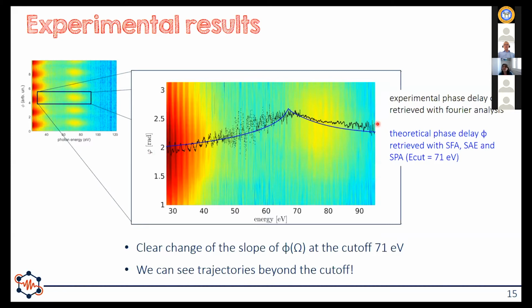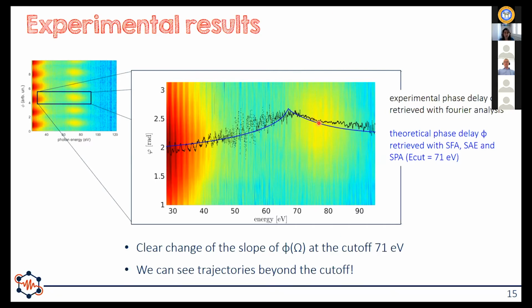And then the first thing that Davide did was to calculate the theoretical phase that you would expect with the strong field approximation, single active electron, and saddle point. And this is the blue curve, which overlaps with the black curve only if you have a cutoff at 71 eV. So this was the first thing that was struggling us back in 2014, that we were somehow able to see trajectories beyond the cutoff.